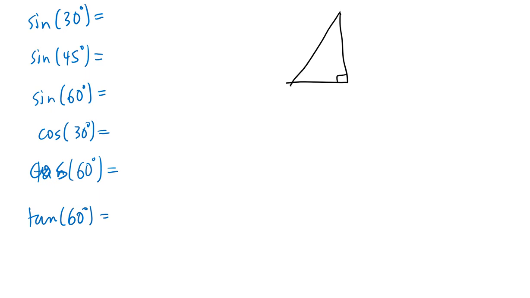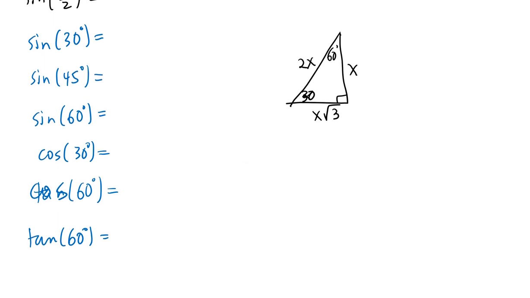We can put this on the unit circle, and call this 30 degrees, 60 degrees. If the side facing 30 is x, the one facing 90 is always double, and the one facing 60 is always the one facing 30 times root 3. So to find sine by SOHCAHTOA, sine is opposite over hypotenuse, so sine 30 is 1/2.